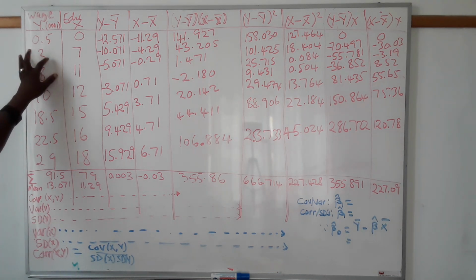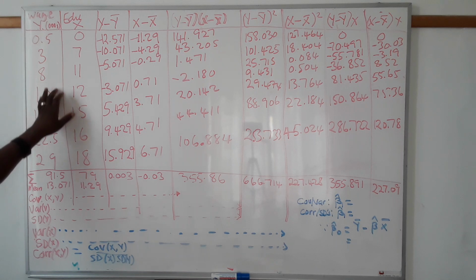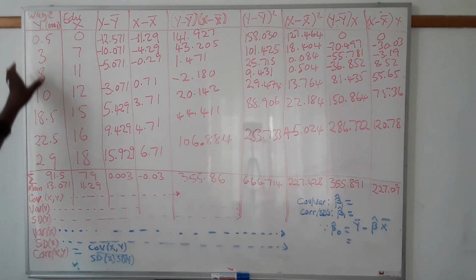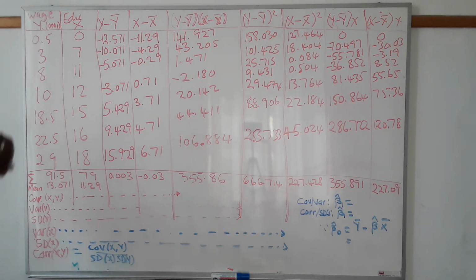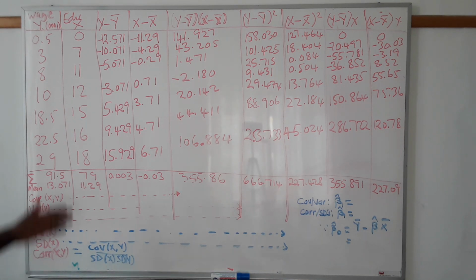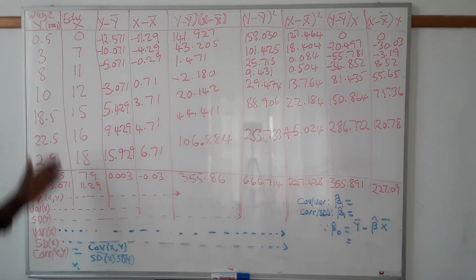Yesterday we were working with these, with the thousands here. I have rescaled the data, so I have written it like this, but it's in thousands. Okay? We clearly see that as your level of education increases, your wages also increase substantially. This is the mean, this is the sum.